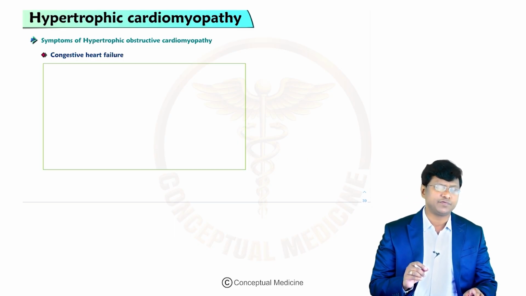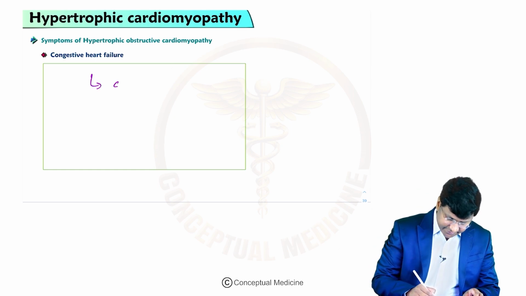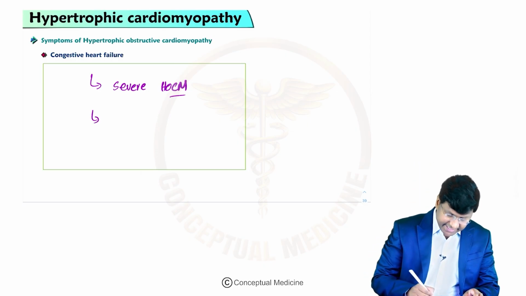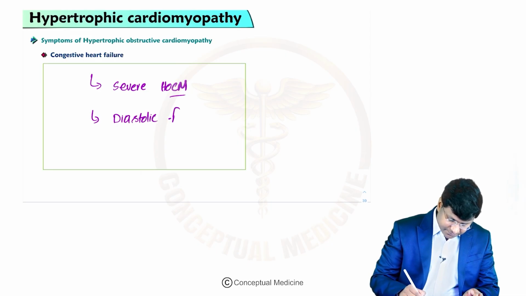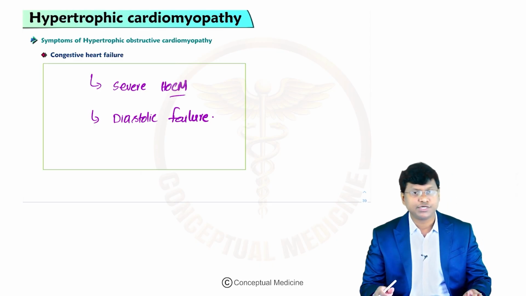The development of congestive heart failure is relatively uncommon, but that can occur in severe HOCM patients, and this is usually diastolic failure. That is what you will have in patients with hypertrophic cardiomyopathy.